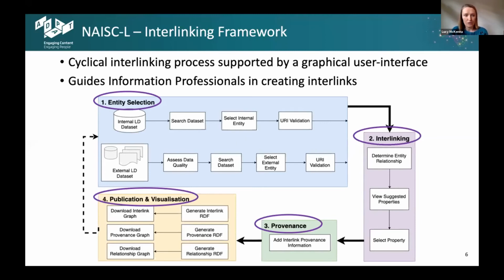It's a 4-stage cyclical framework involving selecting the entities that you would like to interlink, then aiding the user in selecting that predicate or that relationship between the entities that's most meaningful and most useful for their users, providing the provenance data that describes the interlinking process itself, and then finally publishing your interlinked data in RDF, and also creating a visualization to help you and the users understand the data better.